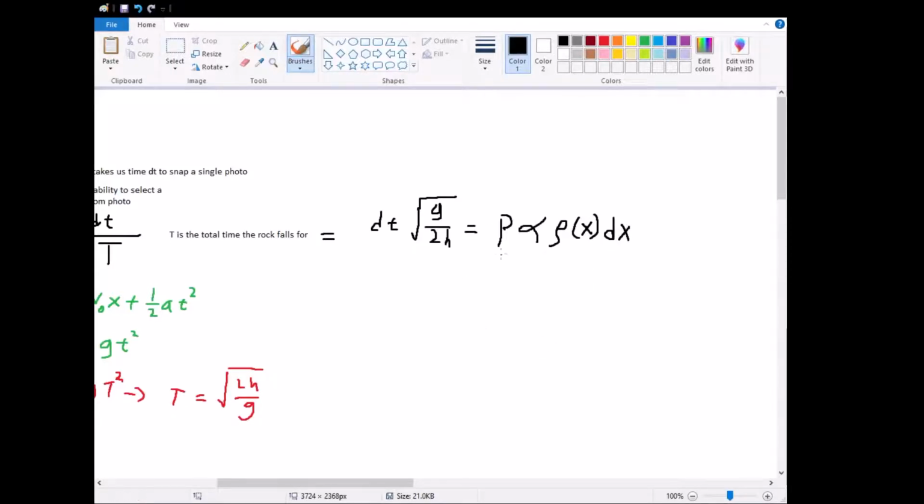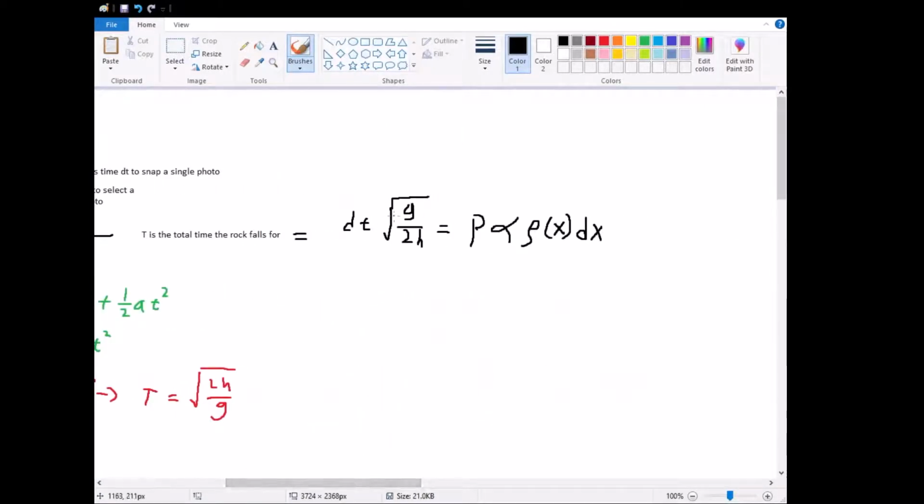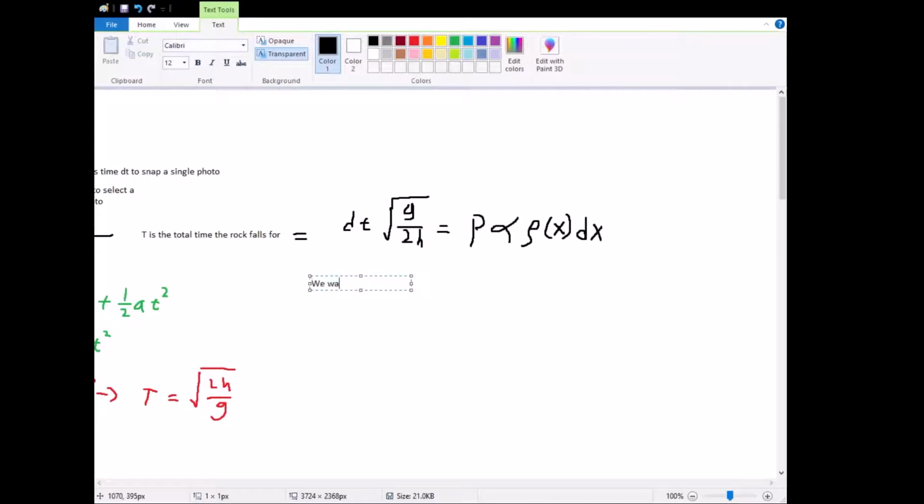So evidently we're pretty close to the answer. It's just in the wrong form, because what we want is rho of x dx, but currently we have some function in terms of dt instead. So our goal now is to convert p of t into rho of x.